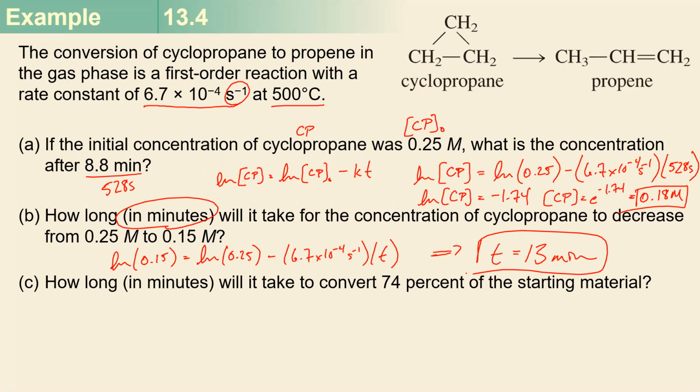In terms of a percentage, the initial concentration is 100%, so I'm going to write it that way. The natural log of the initial concentration, well, that's 100%, which is 1. And if 74% has been converted, how much is left?